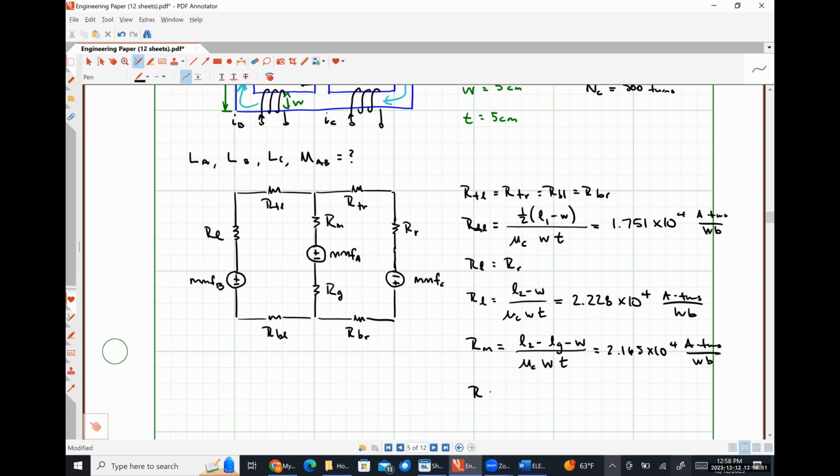And then finally, the reluctance of the gap. Actually, I just have it as G. Is LG over U naught, times W plus LG times T plus LG.